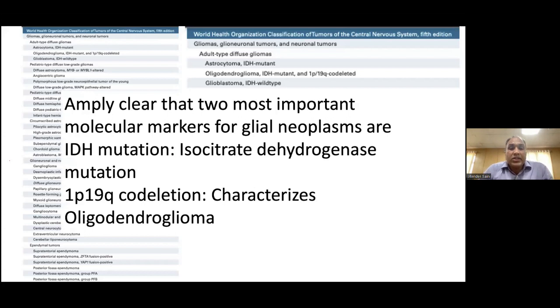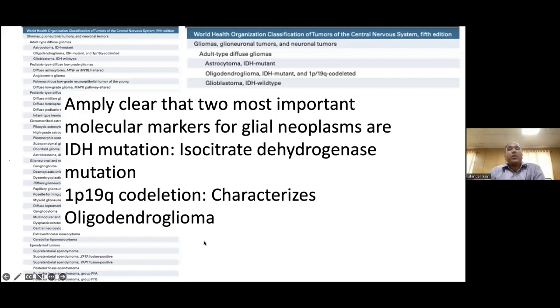IDH mutation is an isocitrate dehydrogenase mutation, and the presence of this mutation is associated with a much better prognosis in patients with astrocytomas. And 1p19q co-deletion is a co-deletion which characterizes an oligodendroglioma.